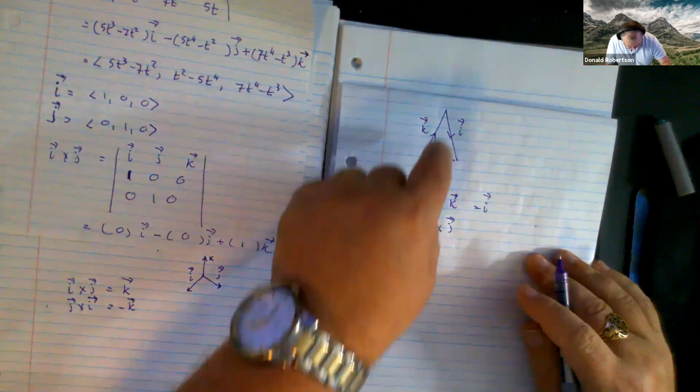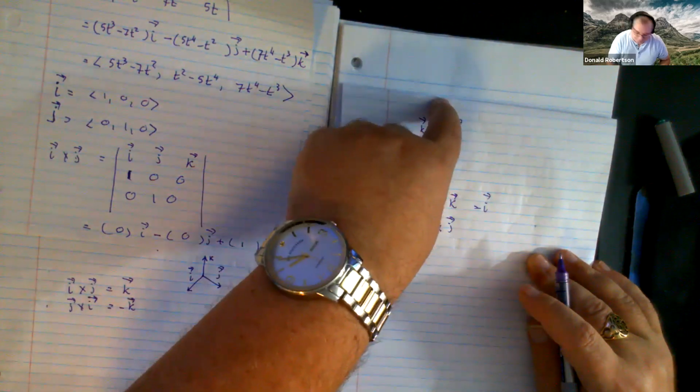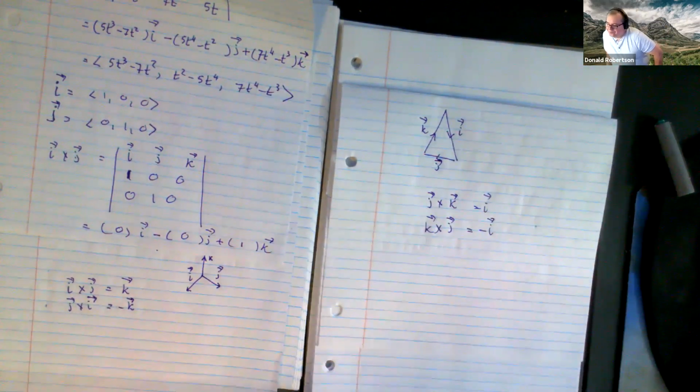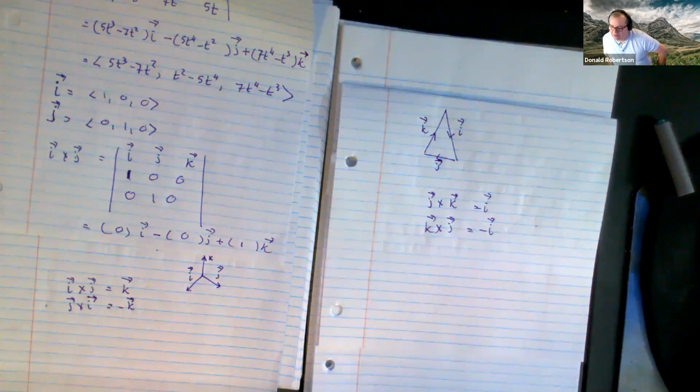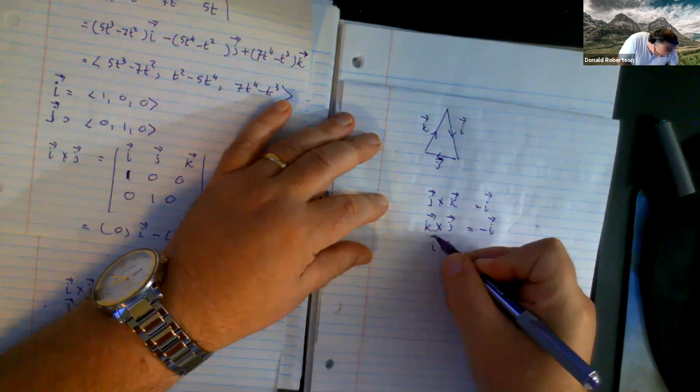Well, if you do K cross J, don't you go against the arrow? So far, so good.